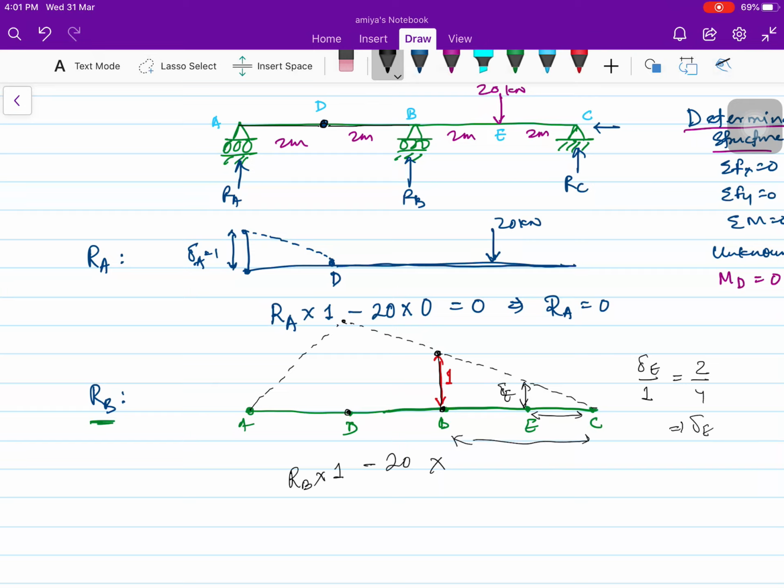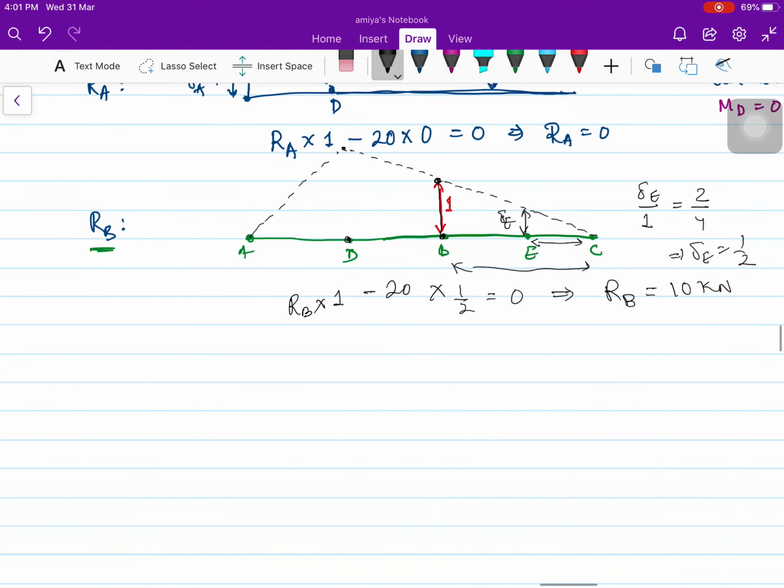So the deflection at E is half. So 20 into half is equal to 0. This implies RB is equal to 20 by 2, 10 kilonewton.